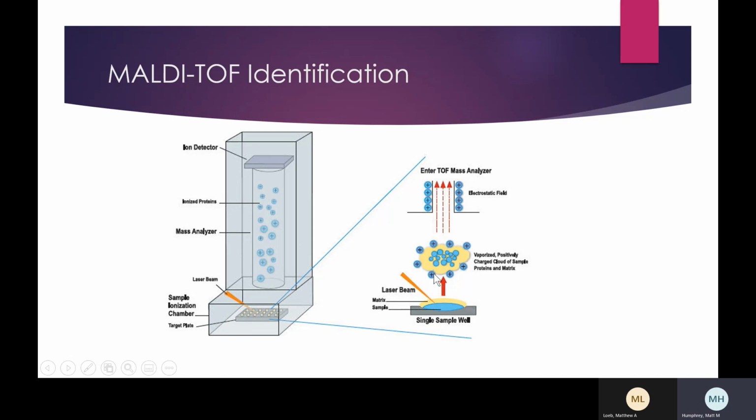The matrix's sole purpose is to provide a charge and stabilize the proteins inside of that organism. We put it inside this mass spec instrument where we blast it with a laser and then hit this detector. Based off the time it takes to hit that detector, it determines the mass of the proteins, puts it onto a plot like you're used to seeing for mass spec, and then it tells us what the identification is. It all happens in about 45 seconds. Pretty cool. This is the best way to do it.